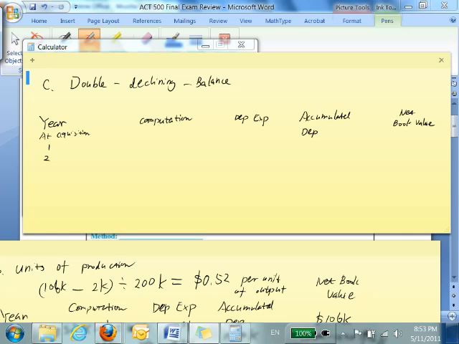At acquisition, the net book value is 106,000, right? In year one, how do we compute the double declining balance depreciation?